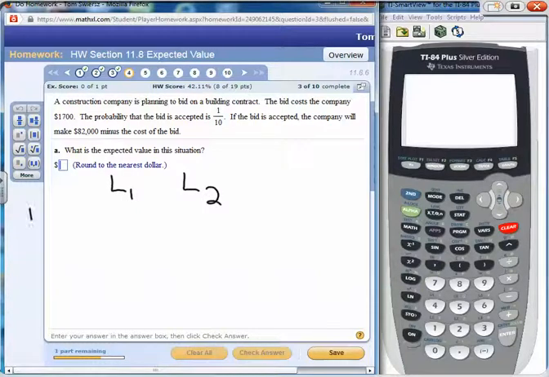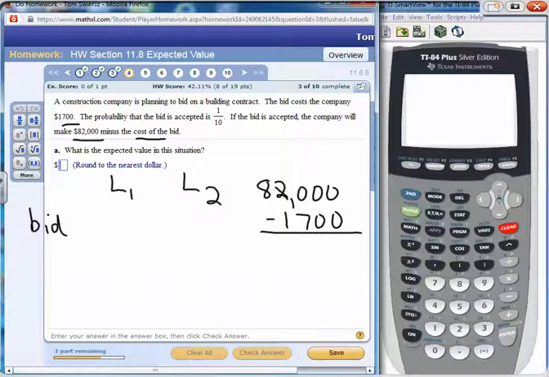Now, what is one thing that can happen? They can get the bid. Okay, if they get the bid, the company will make what? $82,000 minus the cost of the bid, which is $1,700, and you're going to get, oops, sorry, did a little bit.